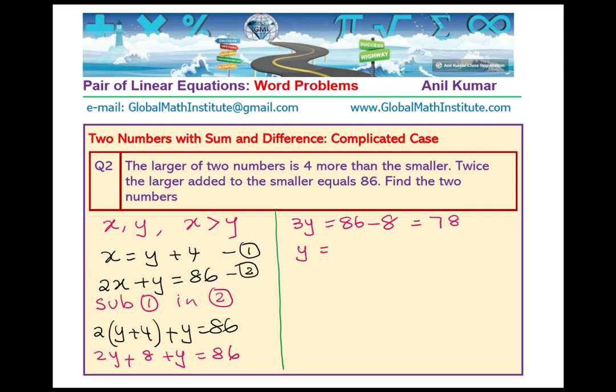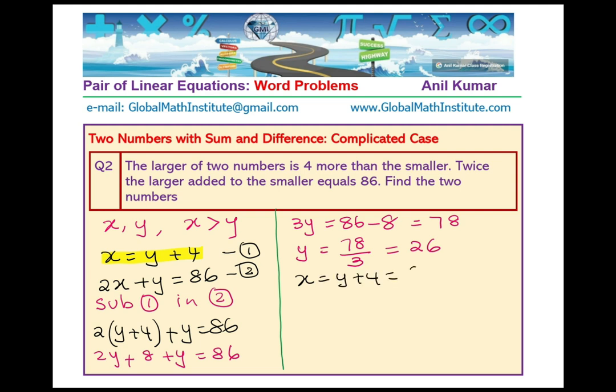So y is equal to 78 divided by 3, which is 26. So we have the value of y as 26. Once you have the value of y as 26, you can find what x is using one of your equations. So x is equal to y plus 4.